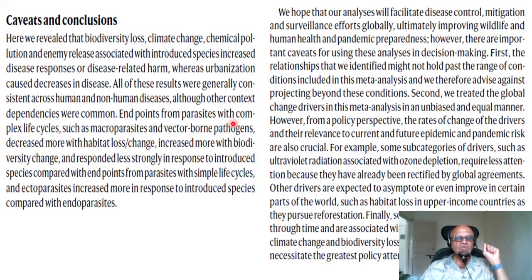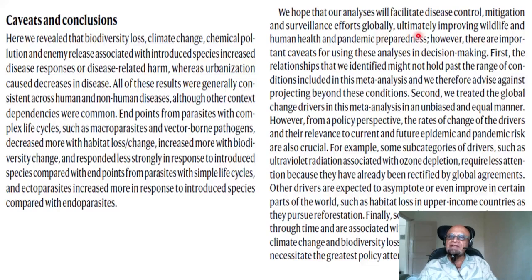Endpoints from parasites with complex life cycles, such as macroparasites and vector-borne pathogens, decrease more with habitat loss and change, increased more with biodiversity change, and responded less strongly in response to introduced species compared with endpoints from parasites with simple life cycles, and ectoparasites increased more in response to introduced species compared with endoparasites. Obviously this is just a meta-analysis, it's not going to give you any details, but let's read some more.